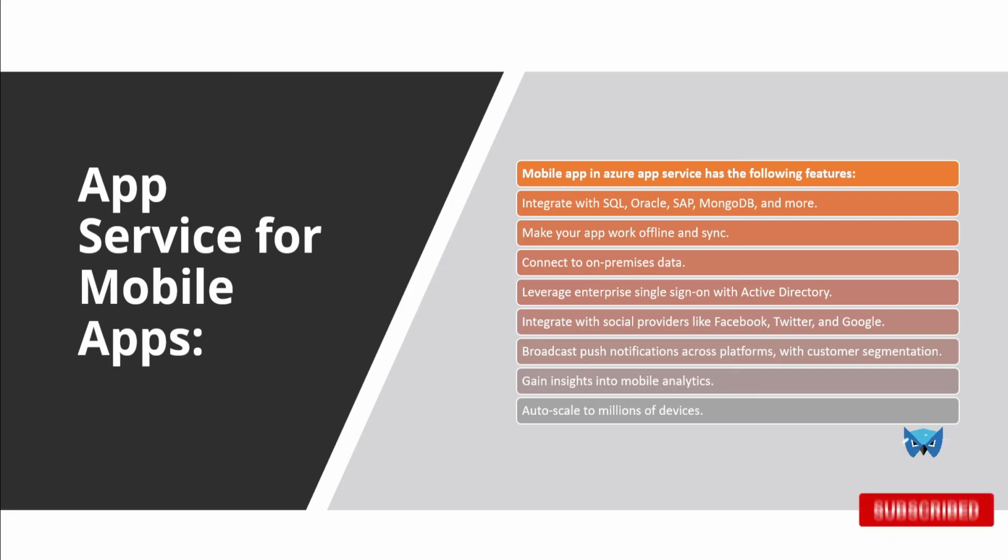It is also integrated with social platforms like Facebook, Twitter, Google and many more. You can broadcast push notifications across platforms with customer segmentation, and gain insights through mobile analytics. It can auto scale to millions of devices.